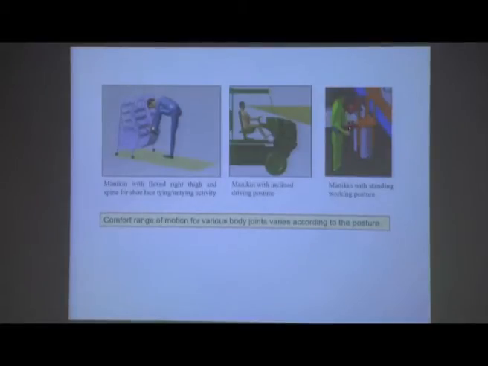This is an industrial workplace where workers are working, and here the mannequin is in standing posture. So if I want to evaluate the comfort of various body joints for these three cases, the database required for comfort evaluation is obviously different. One database cannot be applicable for another, because for a particular type of work you have to define what the comfort range is.